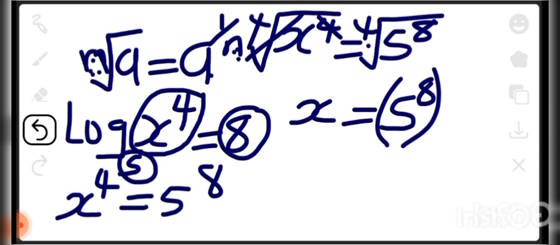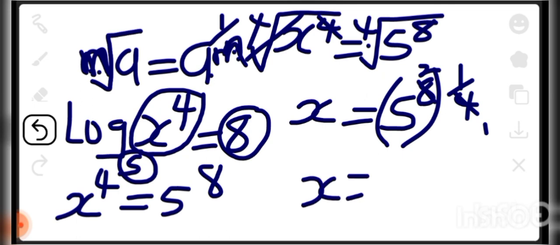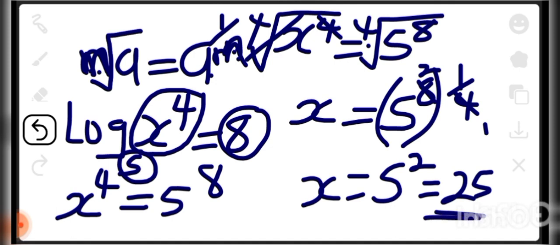So the 4th root of 5 raised to power 8 is 5 raised to power 8 times 1 over 4. 4 into 8 gives 2, so that is 5 squared. So s will be equal to 5 raised to power 2, which is 25. That's how it is. So I want to give you one to do now.